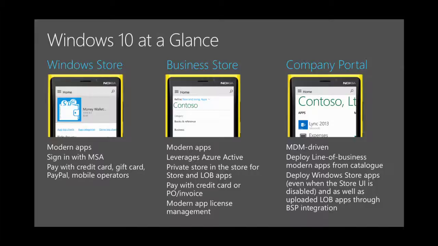The way users log into these private stores is by using an Azure Active Directory account, an org ID. If you're using Office 365 or Intune today, you'll know what this is. You can do federated or cloud only, but you will have to have org ID in all scenarios for mobile, except for the handheld scenarios.